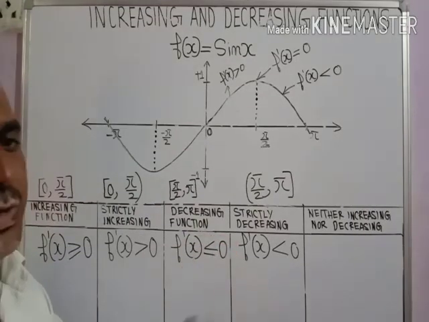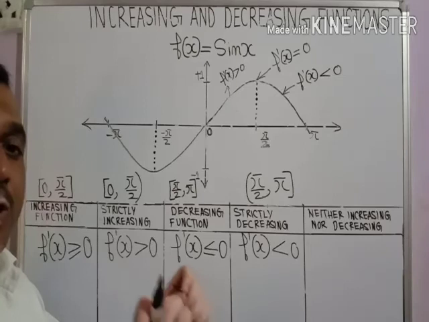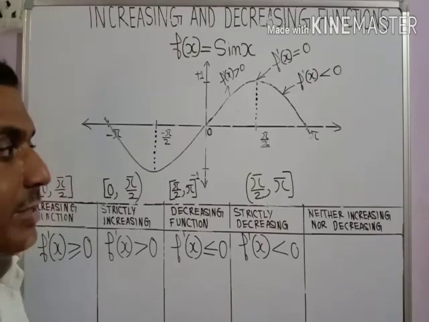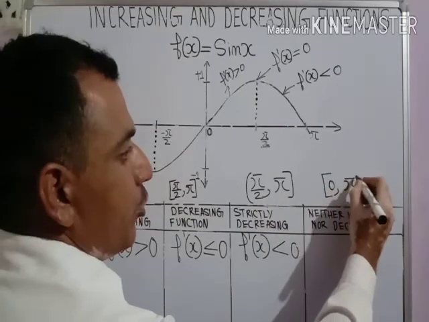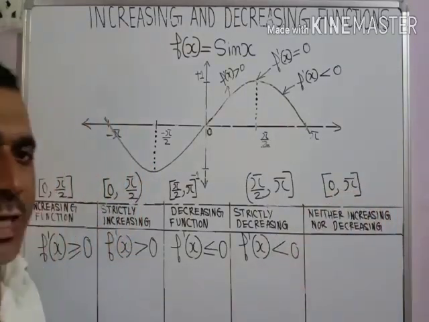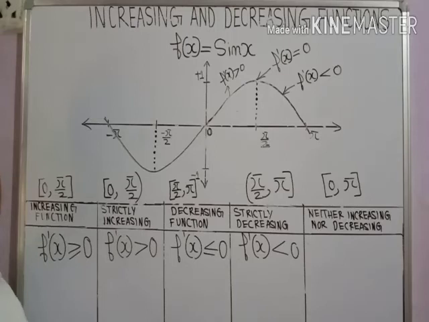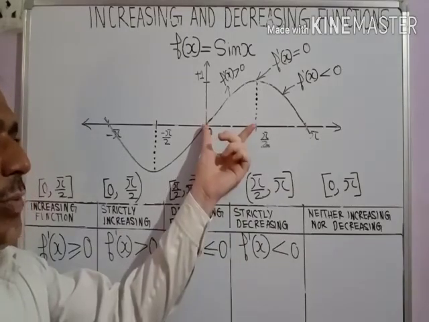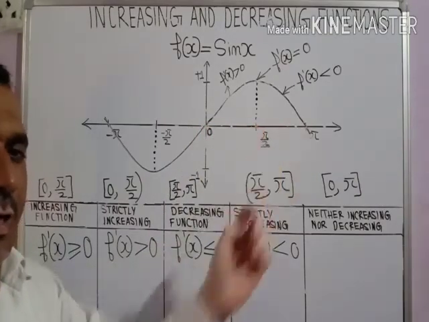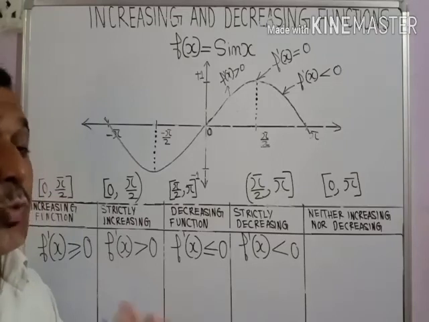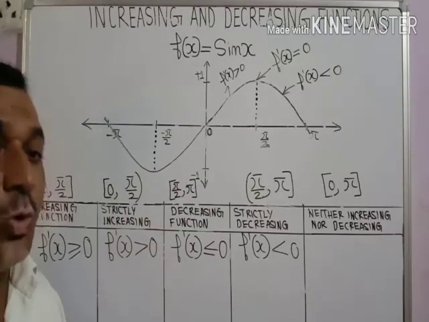If I ask a question, is this function increasing or decreasing in the closed interval 0 to pi, what do you think? If you say, sir, it is increasing and decreasing both, because in this interval it is increasing and in this interval it is decreasing, then I will say you have to say any one, increasing or decreasing.